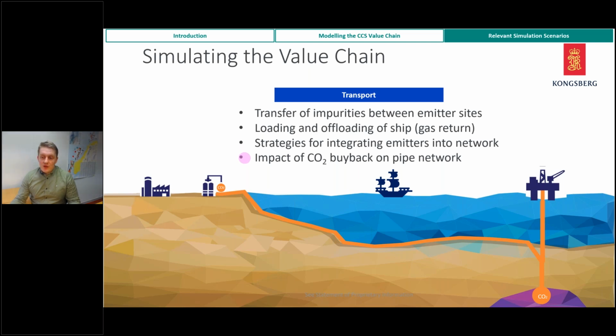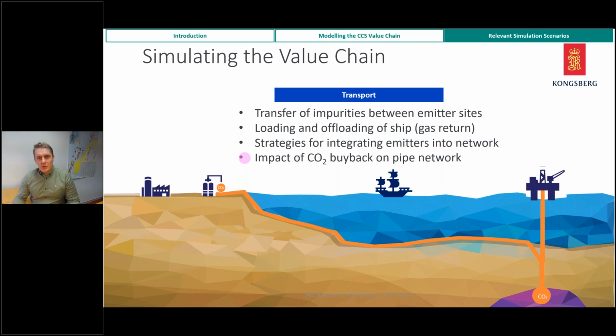And certain things, such as if you want to have a feature for buying CO2 back to start your compression system, for instance, or maybe you want to avoid the problem of gas return from a ship. You want to be able to actually install a little boiler effectively that can produce vaporized CO2 from your liquid CO2.